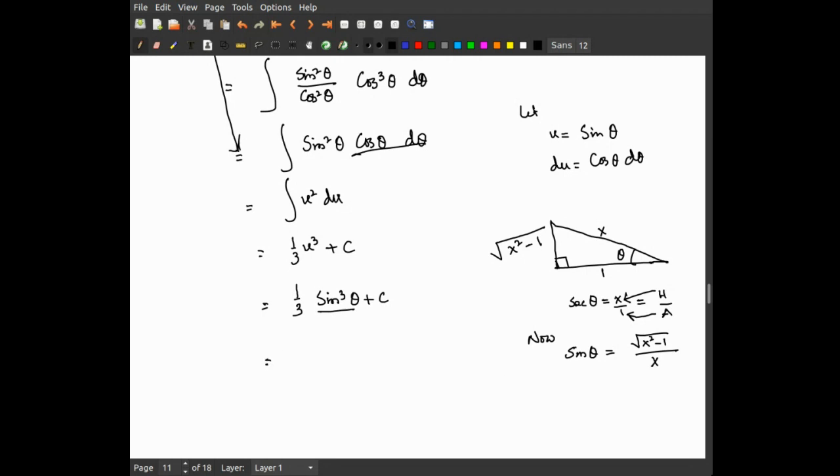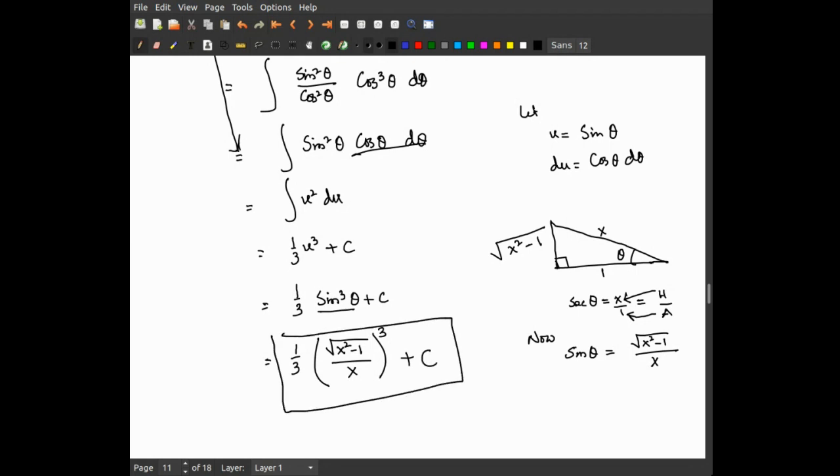Let's plug this value here. So we have 1 over 3, square root of x squared minus 1 divided by x, whole cube, plus c, and that's the answer. Any questions?